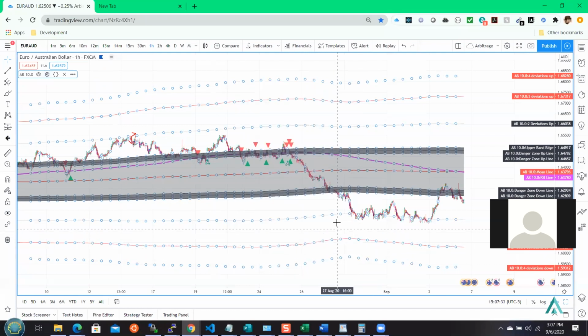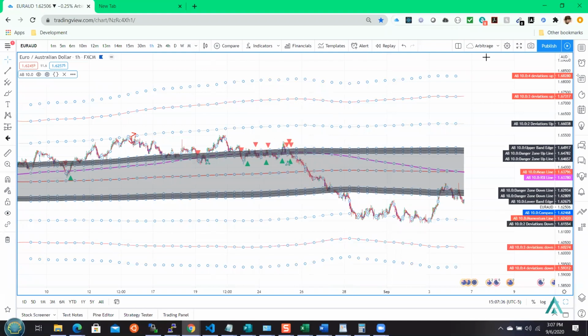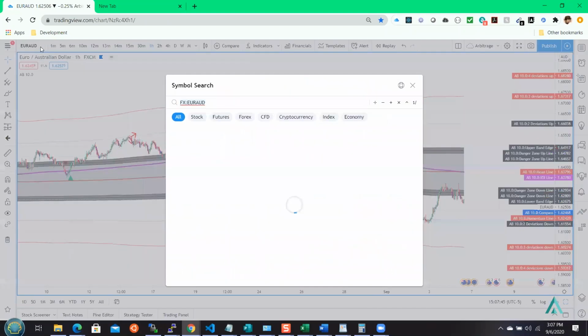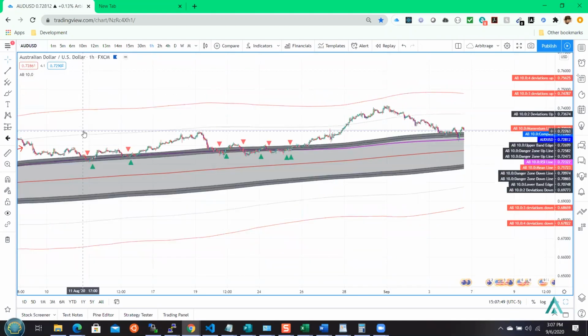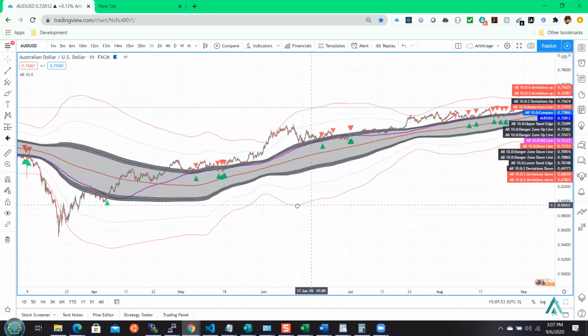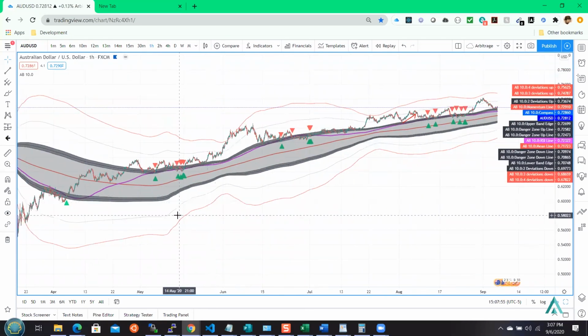Previously, how we typically run the system is basically we go until we reach a new extent where we can't go any further, or if we can't explain when something is going further than we're expecting. So I'm going to show you AUD/USD on the hourly time frame, and it kept going and going and going, and we're like, what's going on?